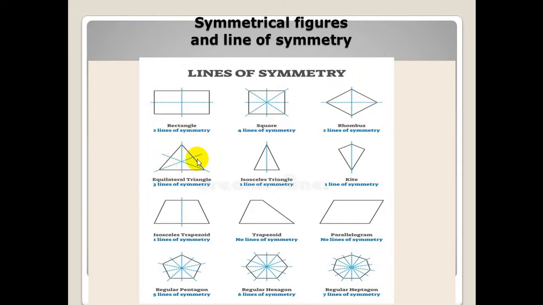Equilateral means three sides are equal, which gives me three lines of symmetry. And isosceles, one line. Two sides are equal, which gives me one line of symmetry. Isosceles trapezium is also one. Any isosceles gives me one line of symmetry. When we see isosceles, we write one line.